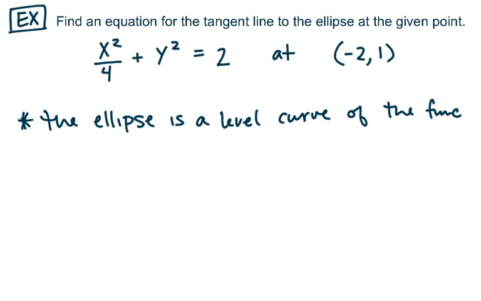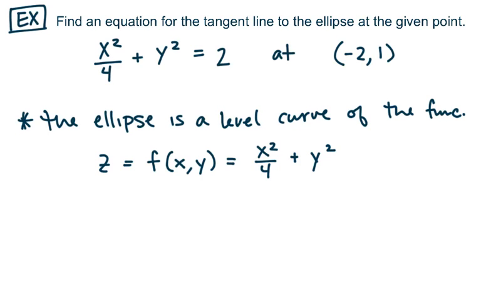So maybe we have some function z being a function f of x, y equals x squared over 4 plus y squared. So we're looking at this one level curve where z is equal to 2.